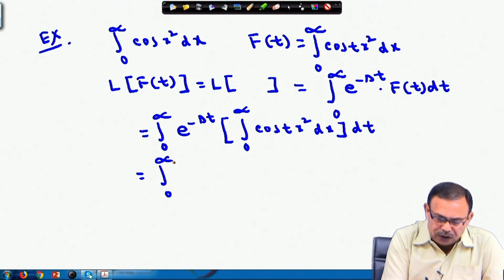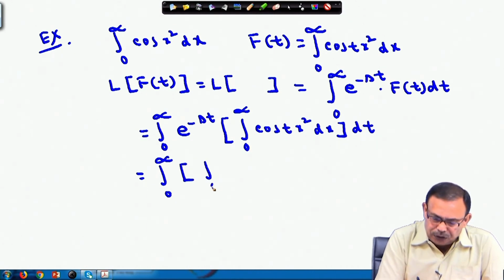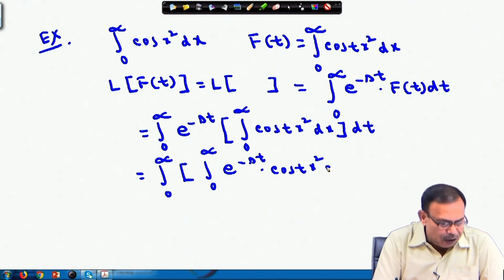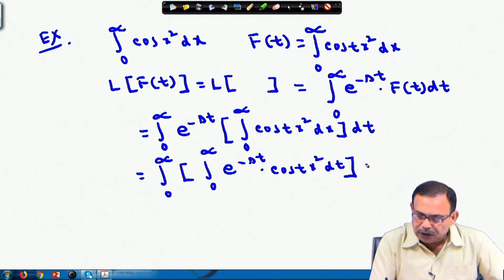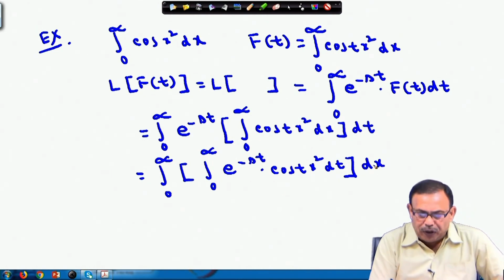So this equals 0 to infinity e power minus s t into cos of t x square dt into dx. Again you see, what is this integral?